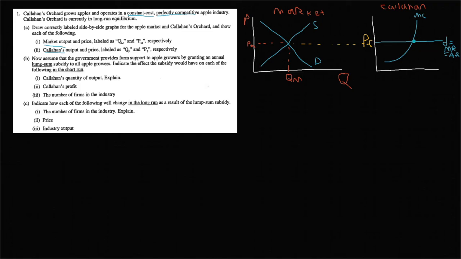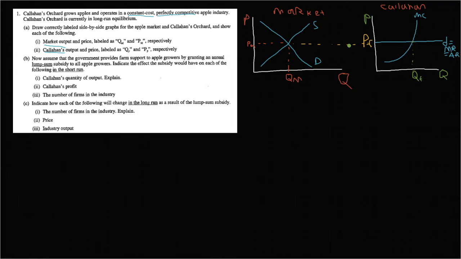And so what you want to do is find where marginal cost equals marginal revenue. So it's going to be at this point here, and straight down is going to be our quantity, QF.